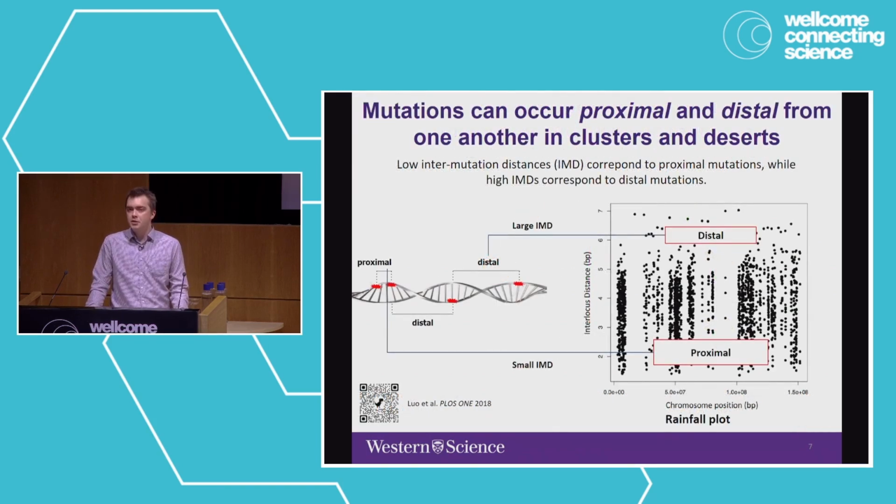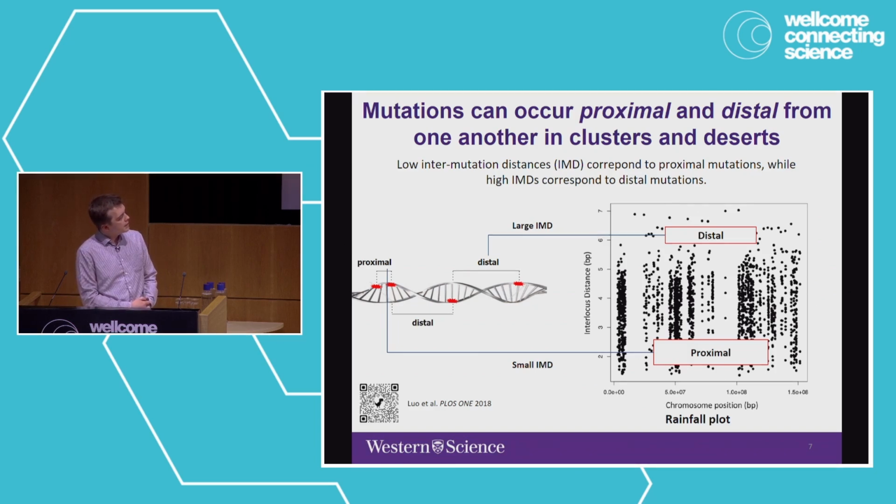When considering the spatial context of these mutations, we know mutations can occur proximal as well as distal from one another. In the proximal context, this means mutations occur at a smaller intermutational distance from one another, with distal meaning they're occurring further from the previous mutation in a given chromosome.